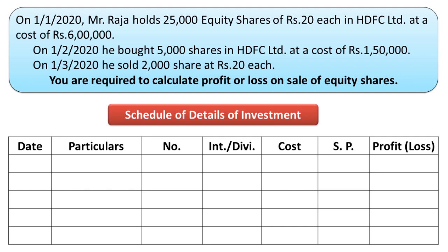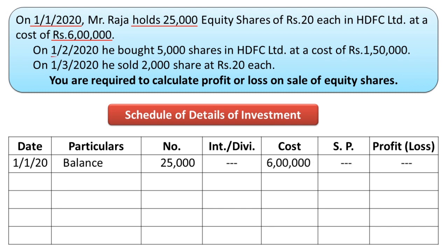The first transaction is on 1st of January 2020, which is the opening balance of 25,000 equity shares, the cost of which was rupees 6 lakhs. So in the date column, we'll write 1st January 2020. It is balance. Number of shares that Mr. Raja holds is 25,000. There is no declaration of dividend and the cost is 6 lakhs.